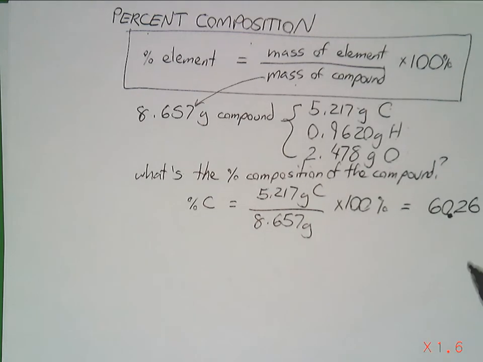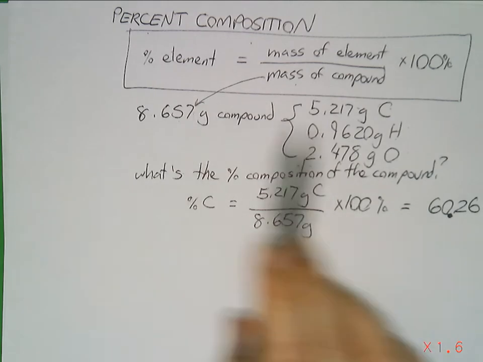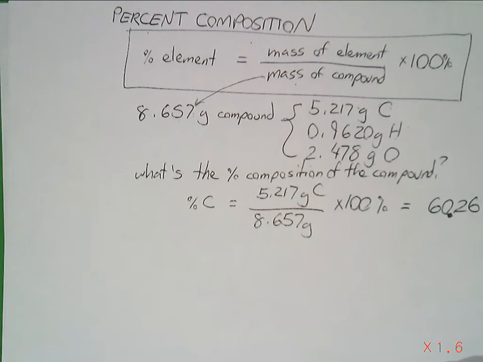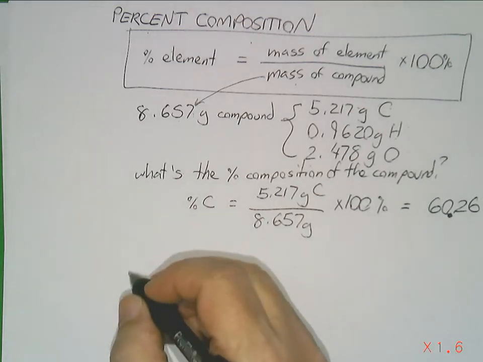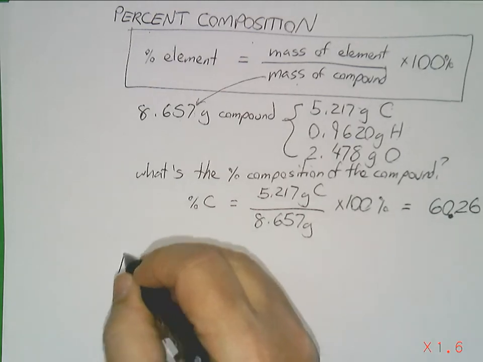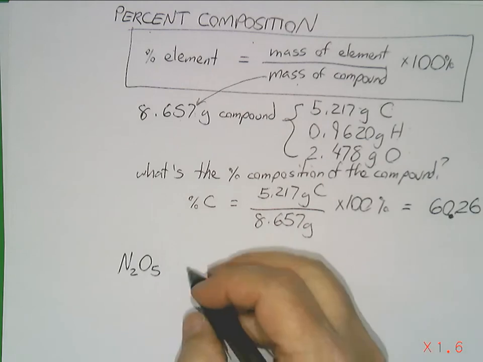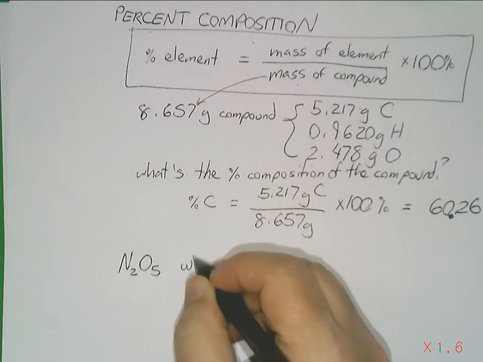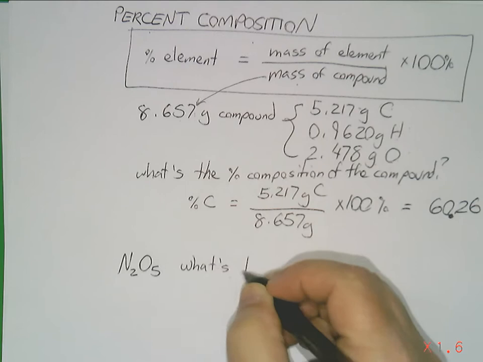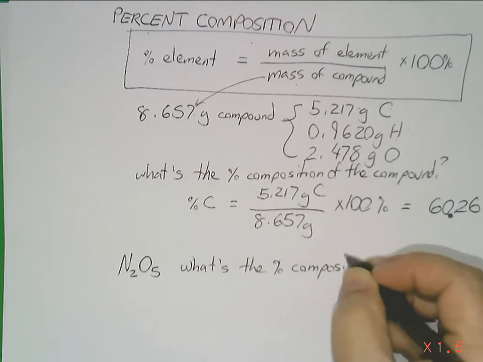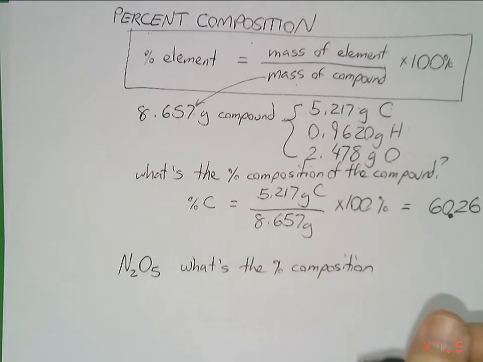Now sometimes we're going to be able to go the other way. Here you had the mass of the compound and the mass of the element, but sometimes you can figure out the percent element even without that. Here is a common air pollutant. If I give you the formula for that, you can actually figure out the percent composition with just that information.